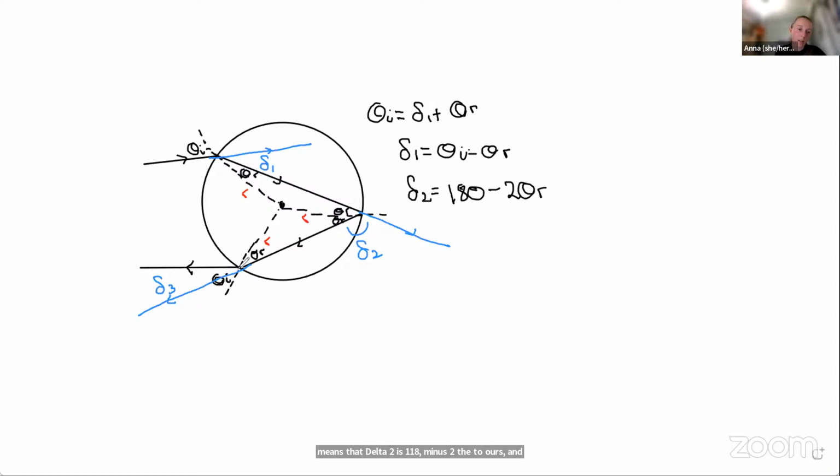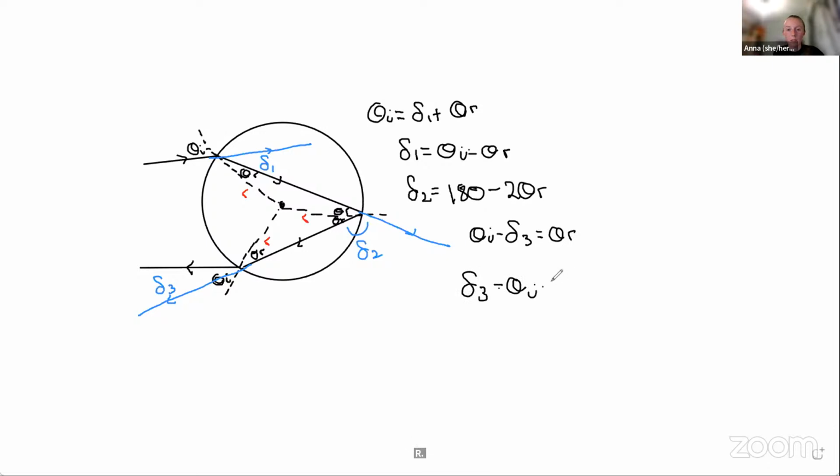And then finally, here we've got theta I minus delta 3 is theta R. So then we have delta 3 is again theta I minus theta R. So the total deviation would be the first plus the second plus the third.